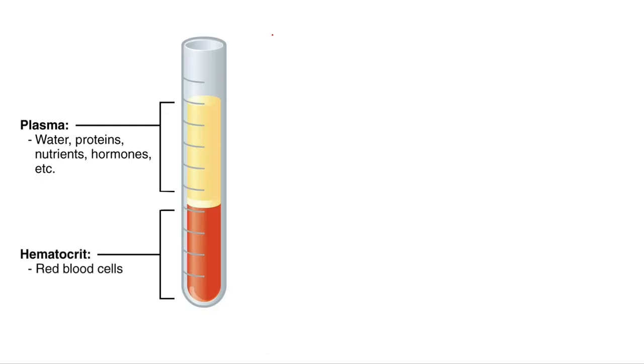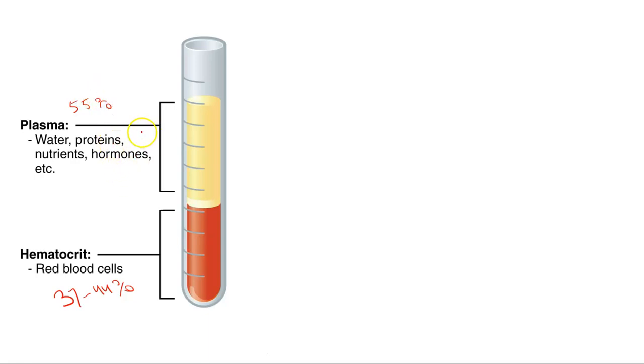The collection of red blood cells makes up a majority of the remaining part of blood, and that is called the hematocrit. A typical hematocrit can vary a little bit, but usually people say between 37 and 44% of the volume. That would be fairly normal. Whereas plasma is usually more like 55%, plus or minus a few percent, something like that.